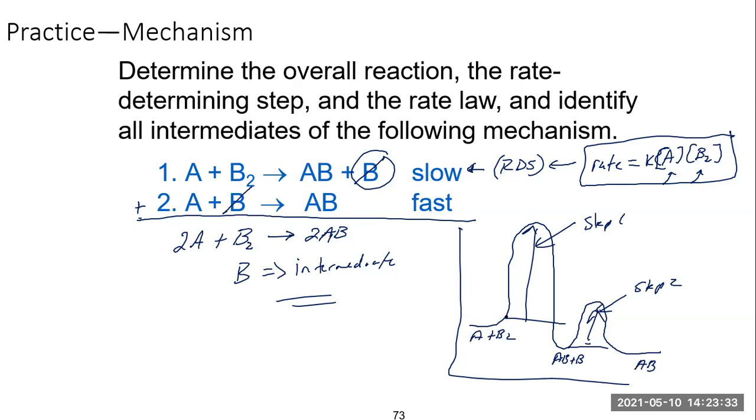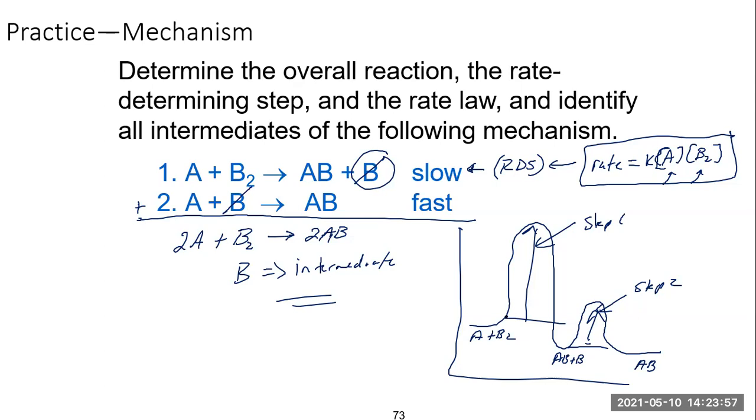Any questions on mechanisms, how to work mechanism problems? These are the common things that you're asked: being able to identify intermediates, what the overall reaction is, being able to write the rate law based off of the mechanism and comparing, does it match? And is it a possibly good mechanism or bad mechanism?